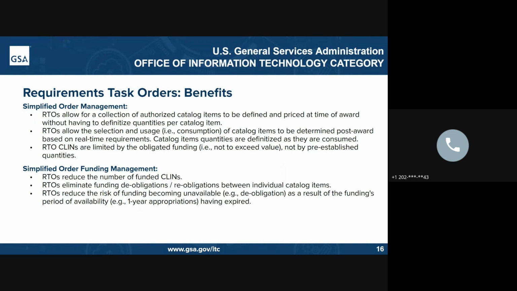If you award a contract in one fiscal year and you cross into the next fiscal year, under requirements task order, as long as you don't touch that funding on the top level, you can use that funding at the federal level into the next fiscal year without any issues.